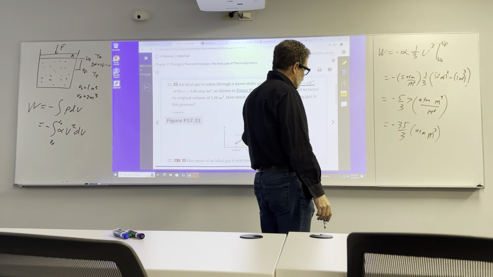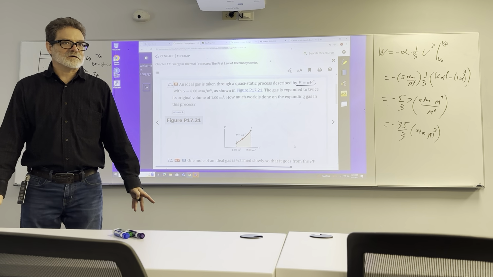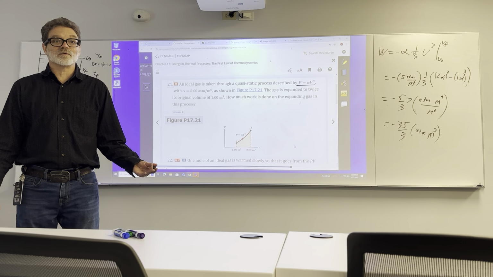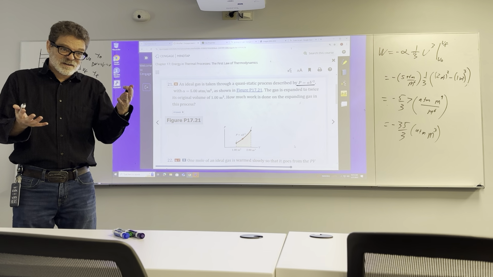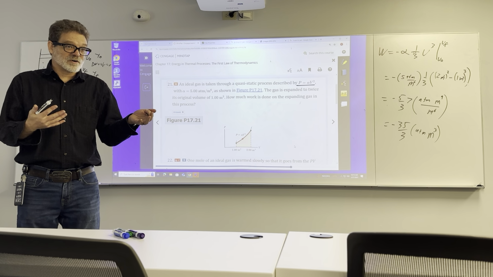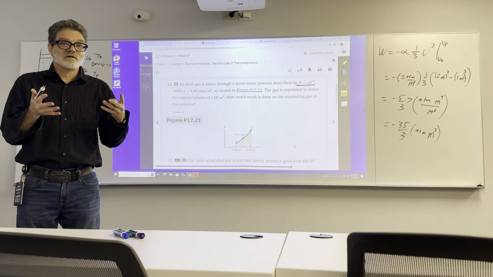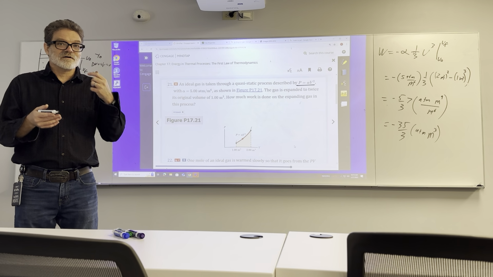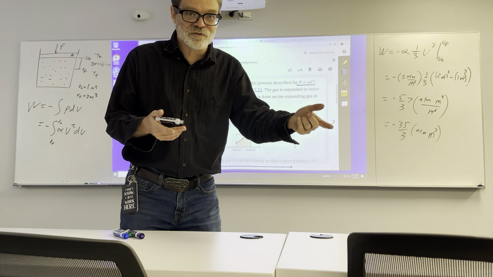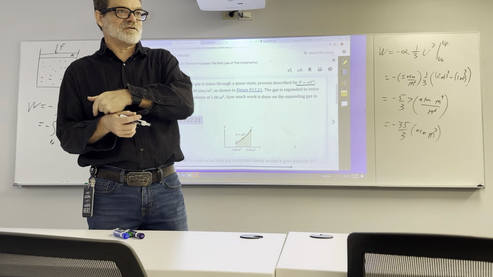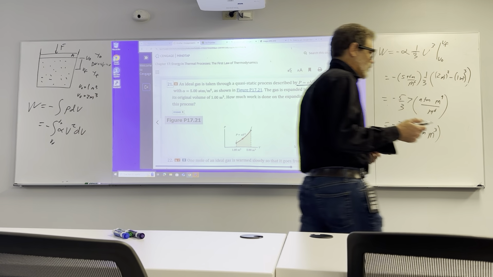Guessing this is going to be in joules, so that means I got to do what? Unless you have atm meters cubed, that's a weird energy unit. I mean, those are energies, but usually we want joules, so I got to convert what? What are atms? It's atmospheres, and I got to convert atmospheres to pascals. Does that make sense to everybody? Now, I don't know the conversion offhand.